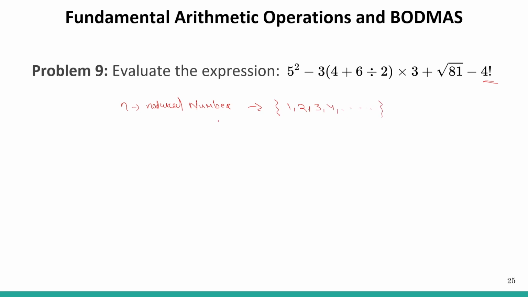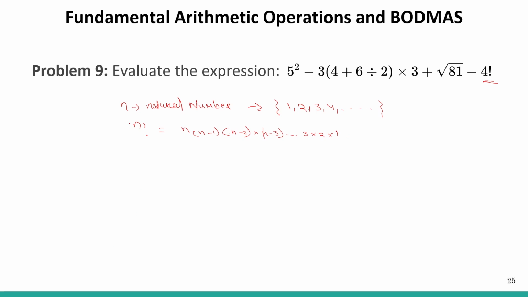And what is n factorial? n factorial is nothing but n into n minus 1 into n minus 2 into n minus 3 and so on up to 3 into 2 into 1.